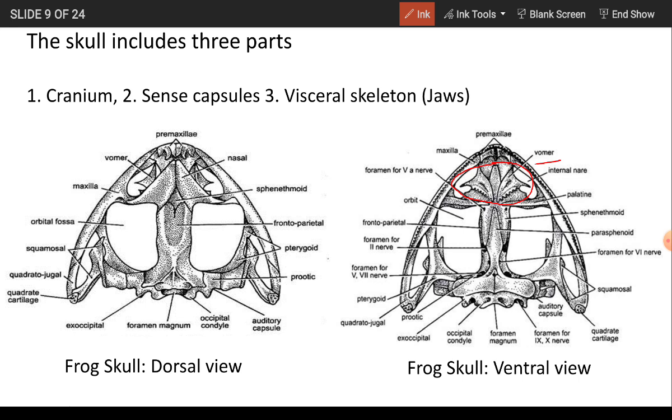Since the anterior end of the skull bears the olfactory capsules, these vomer bones form the floor of the olfactory capsules, and they also form the inner margins of the nostrils. The posterior lateral edge of each bone bears a pointed vomerine tooth. So this is the vomerine tooth.